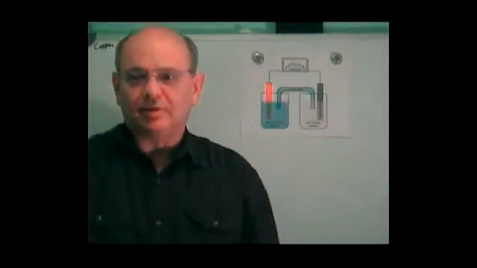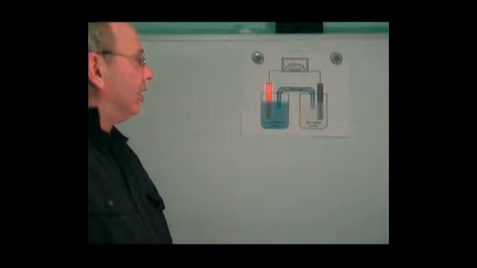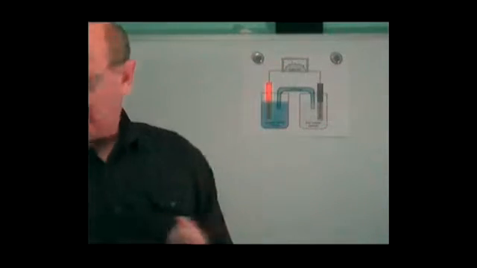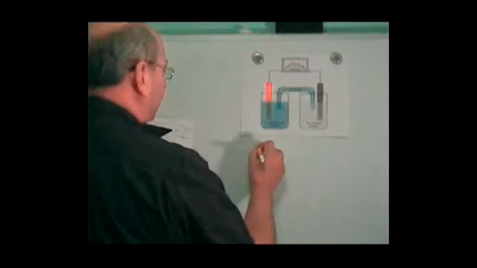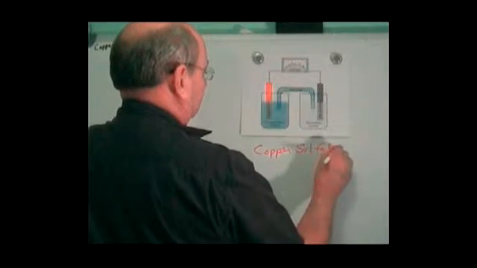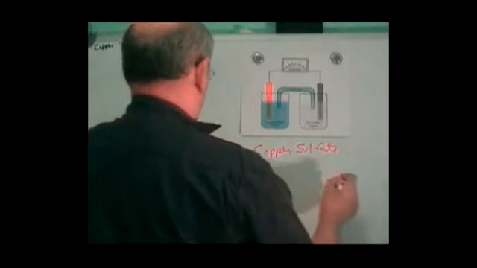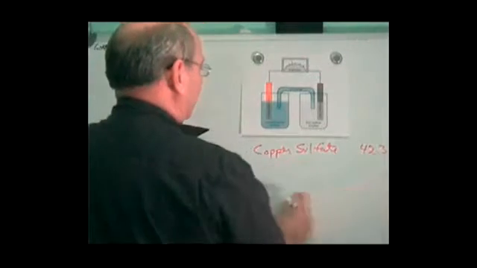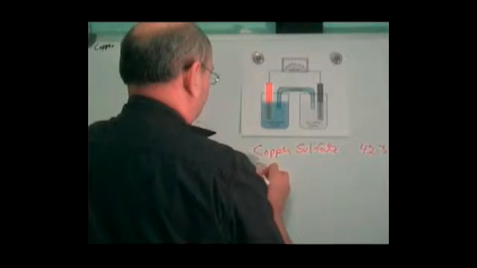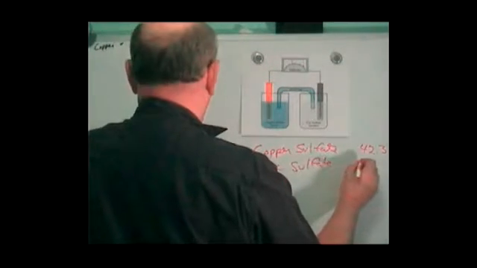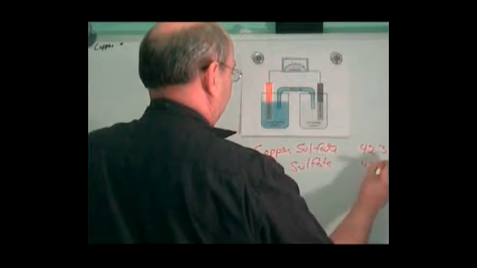Now the interesting thing about this is that all of this material is conductive. Just to give you an example, copper sulfate has a conductivity of 42.3, and zinc sulfate has a conductivity of 43.3.